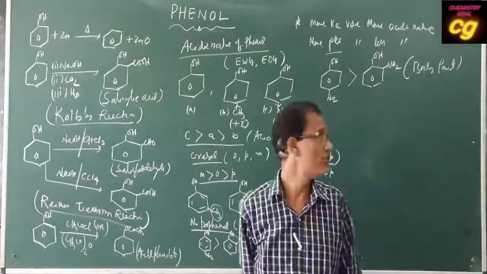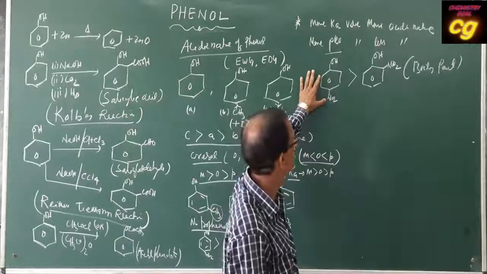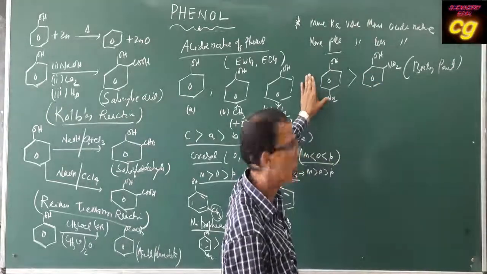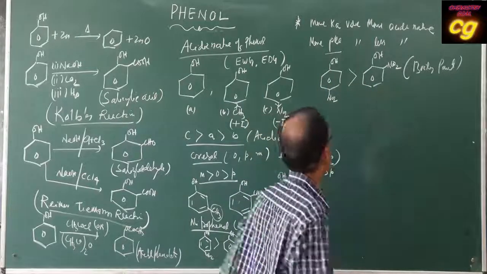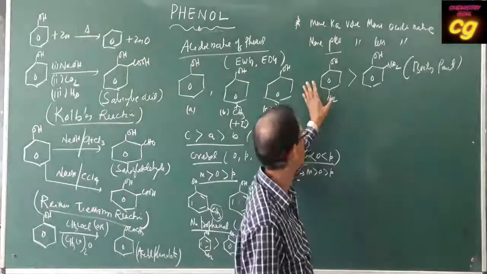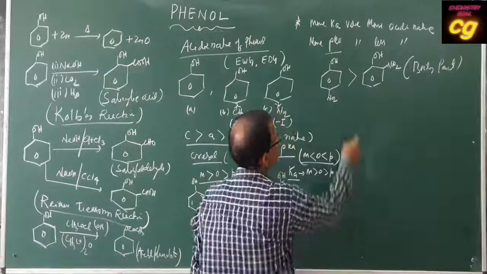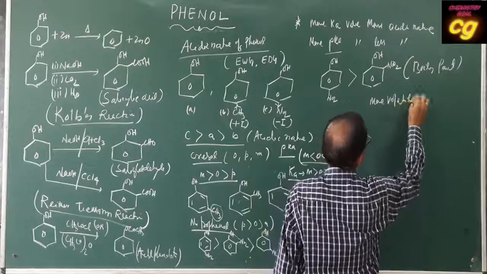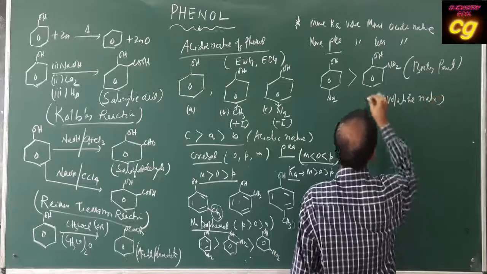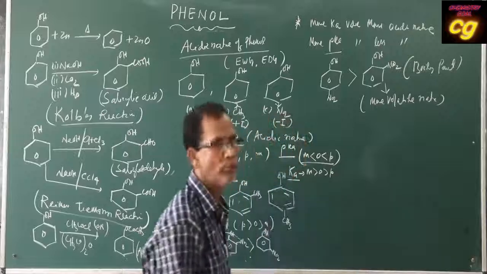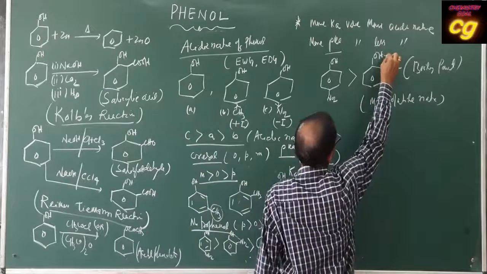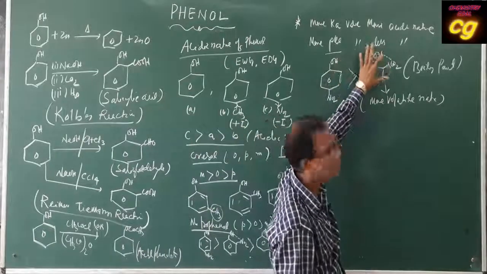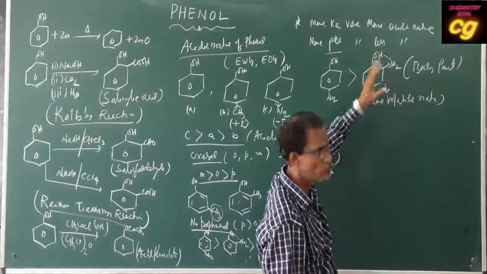Para is greater than ortho because the intermolecular hydrogen bonding is stronger in para. That's why paranitrophenol has more boiling point than orthonitrophenol. But the more volatile one is ortho, because of intramolecular hydrogen bonding between the OH group and the NO2 group.